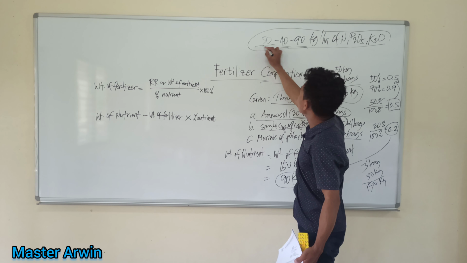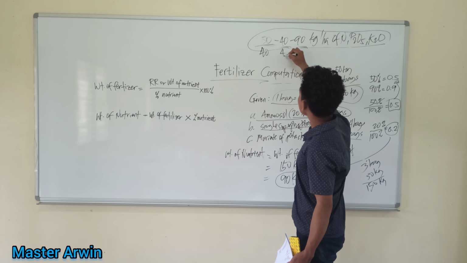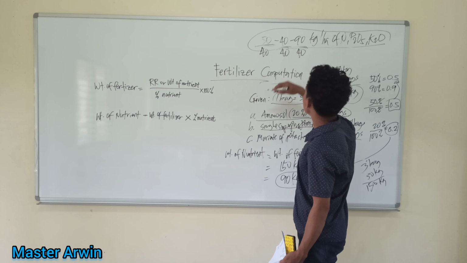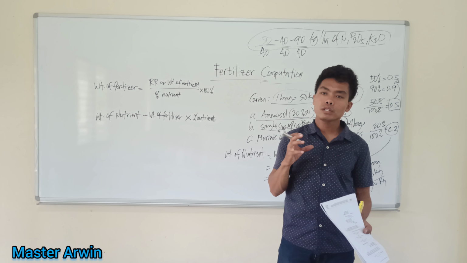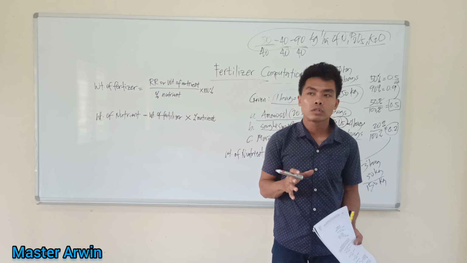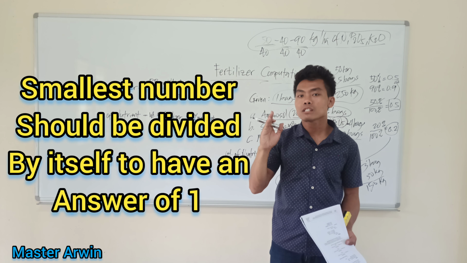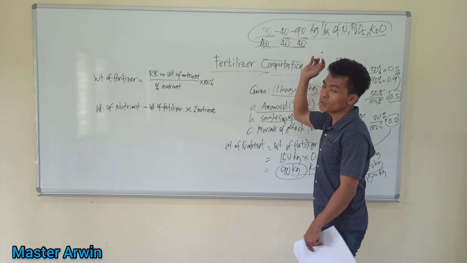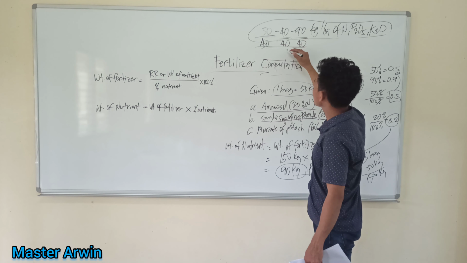So meaning, 50 divided by 40, 40 divided by 40, and 90 divided by 40. Why? Because when you are going to ratio, the smallest number should have the answer of 1. So now, 40 divided by 40, that would be 1.